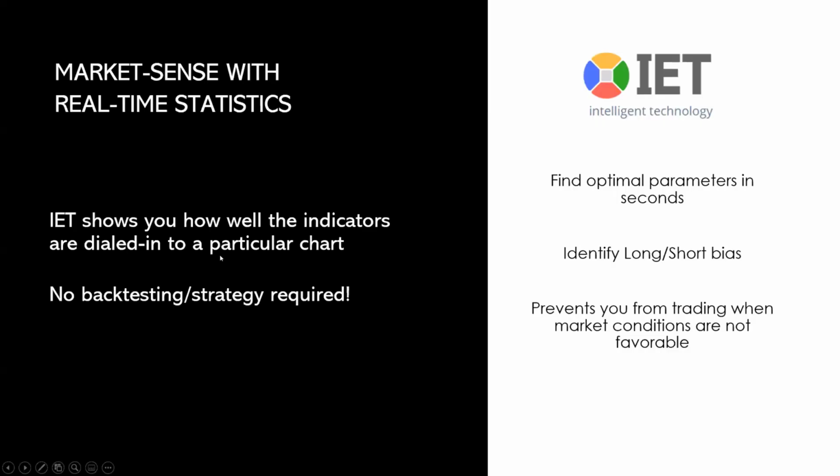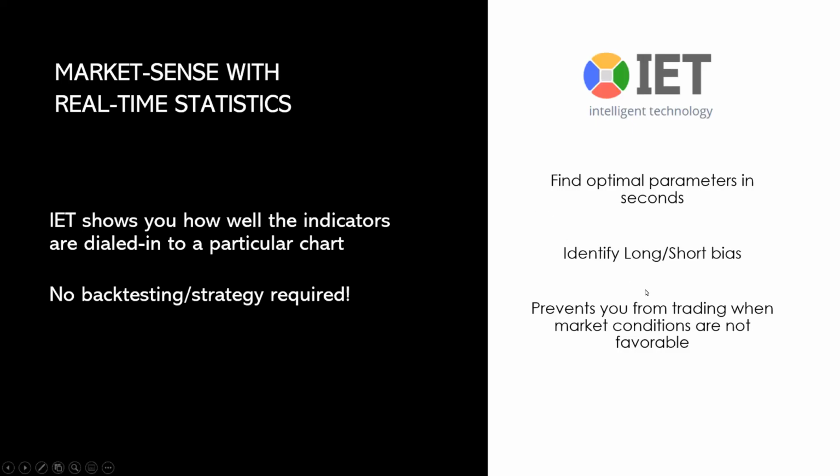All right, and last but not least, Divergence Cloud, as mentioned before, is equipped with IET, which are our real-time statistics, which comes in really handy to find optimal parameters very quickly, because you get instant feedback. It allows you to identify long or short bias, basically telling you whether Divergence Cloud works better in the long direction or the short direction.